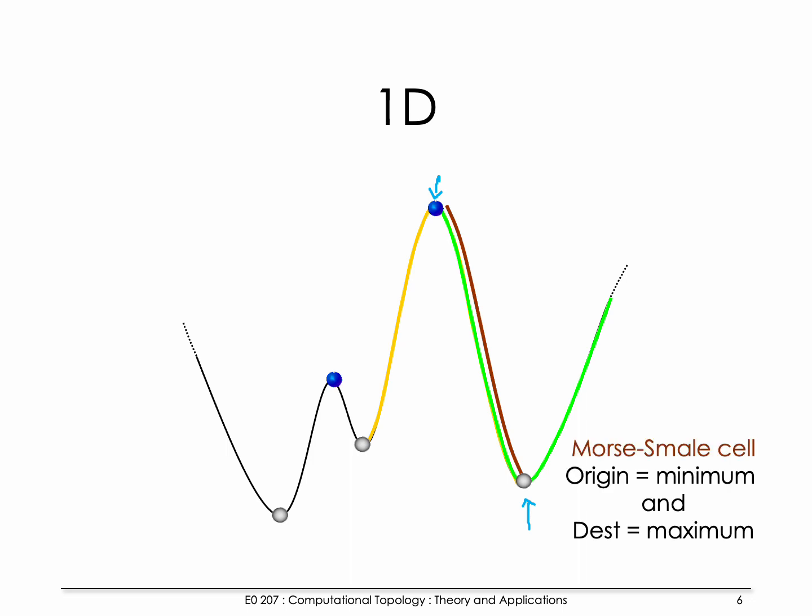Again, you can imagine that the entire one-dimensional domain can be partitioned into such brown curves, each of which is defined by an origin-destination pair. This partition will be called the Morse-Smale complex, and each entity within this complex will be called a Morse-Smale cell. So this is the intuition for the topic of today.